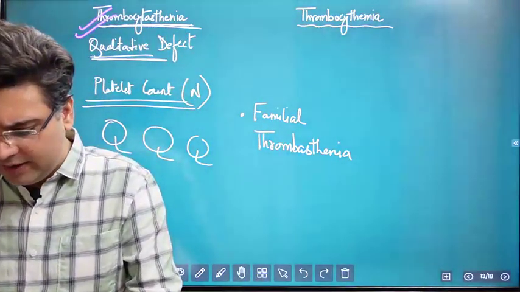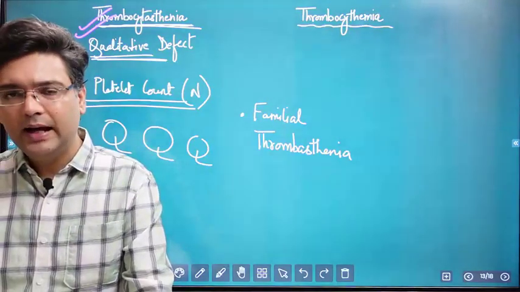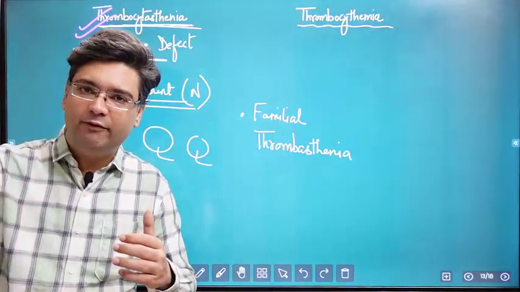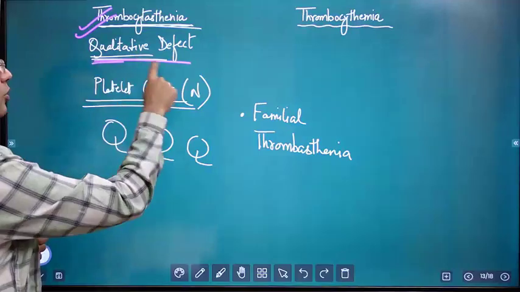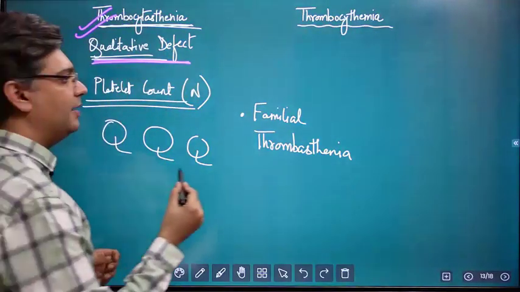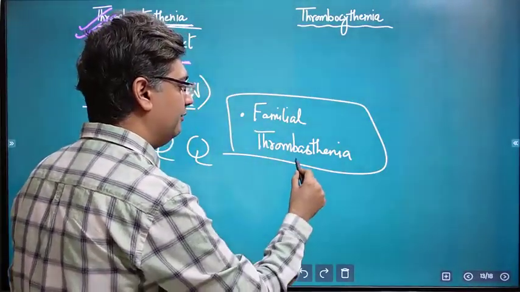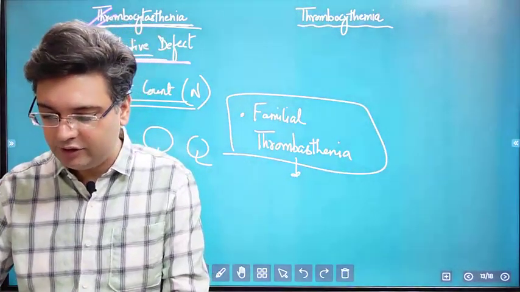Here the platelet count again is normal, but this is being transmitted from family to family. Here also it was a qualitative defect; quantity was normal. A part of thrombasthenia is familial thrombasthenia, which is passing from generation to generation.